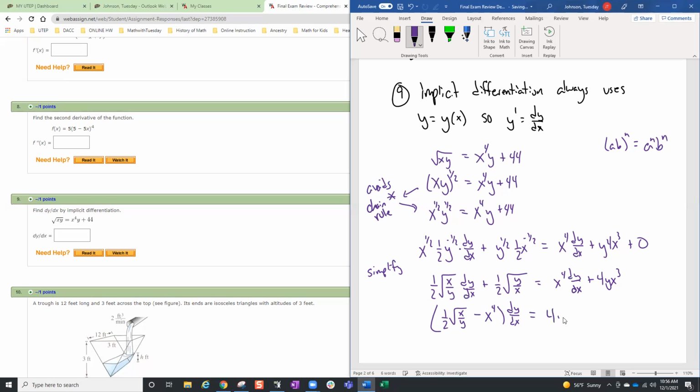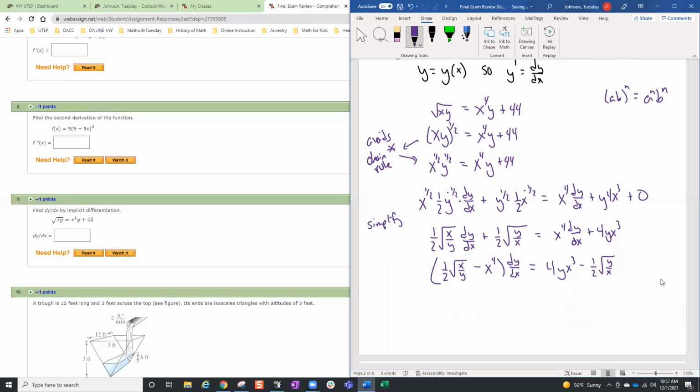Here we'll have 4yx cubed minus, I don't think I like how I'm writing this, so I'm going to switch it up a little bit. Oh no, I don't want to switch it up a little bit. I see something nice that's going to happen here in our next step, so let's write it like I have the other one written. Minus the 1/2 square root of y over x. Moved it to the other side, so it's negative.